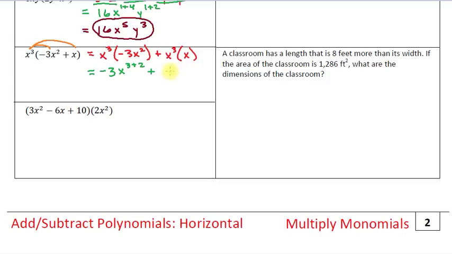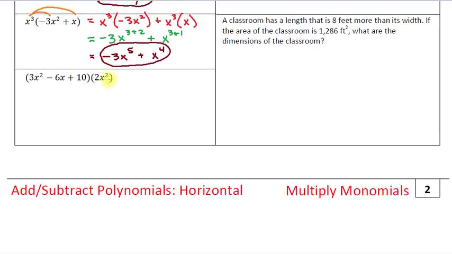We've got x cubed times x, that's just x to the 3 plus 1. Remember, we have an implied 1 here. This exponent on the x is just 1. Now we'll go ahead and wrap this up. So we've got negative 3x to the fifth. Let's write that a little bit neater. Negative 3x to the fifth plus x to the fourth. And there is our multiplied monomial and binomial, actually. And let's do one more.